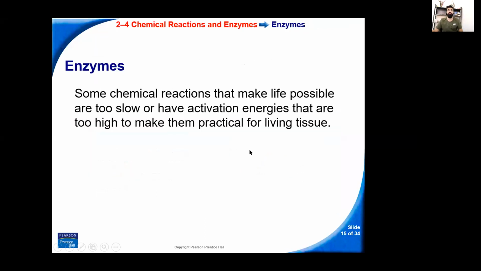Enzymes. What are enzymes? You know, in chemistry we have something called catalysts. Catalysts are chemicals or substances that speed up the reactions. But how do they speed it up? We said last time that chemical reactions have different rates.